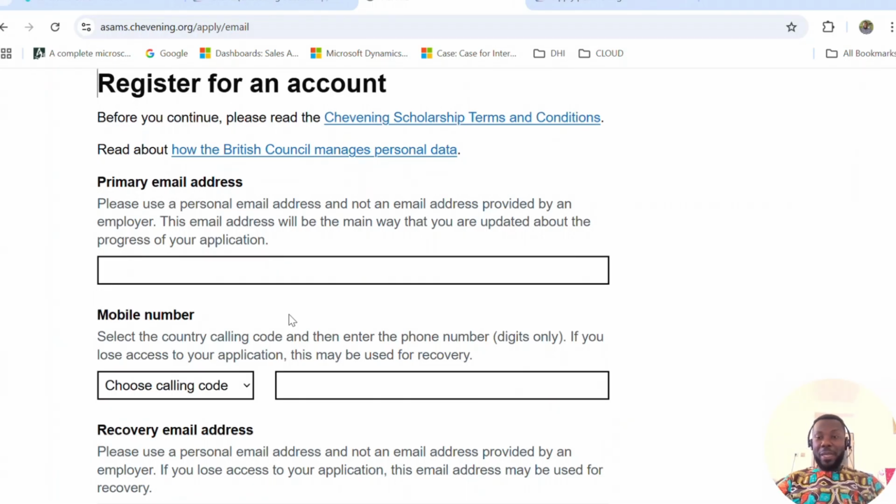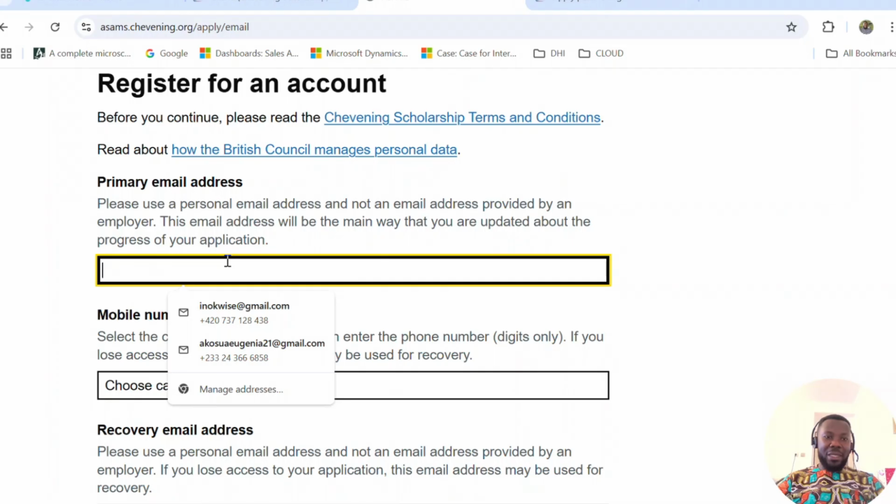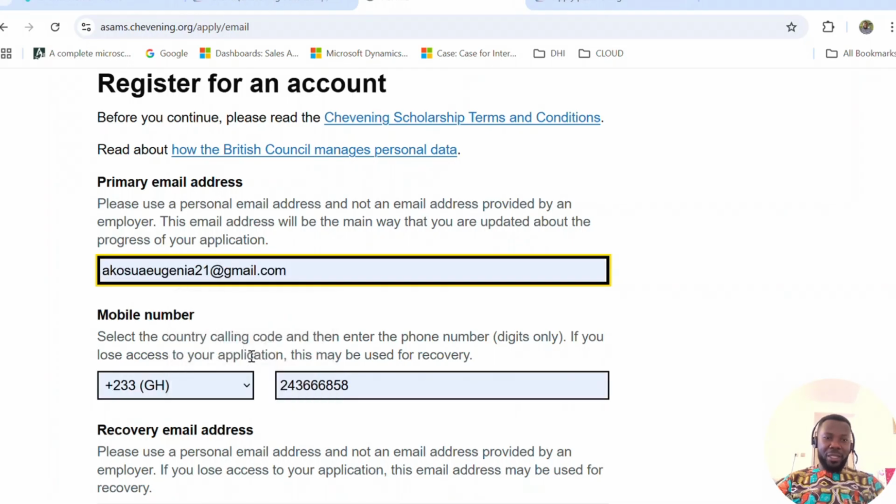This is a demo application, so don't worry about the information I input here. I would use some actual information for demonstration purposes, but it doesn't necessarily have to be about me. So let's say primary email address, I will select this one.